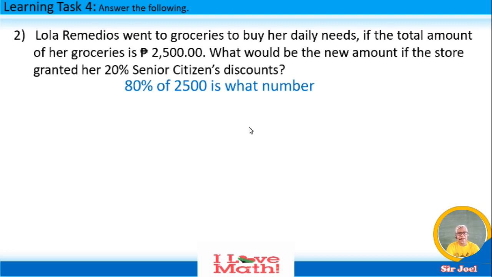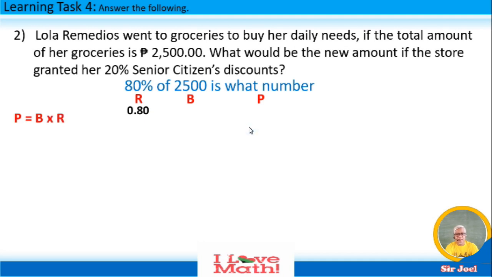At sabi nga natin, if it is 80% of 2,500 is what number, kaya natin i-identify ang rate, which is 80%. And this is equivalent to 0.80. Then, 2,500 here is the base, and the unknown is the percentage. Tama? Okay. Again, to solve the percentage, it is base times rate.